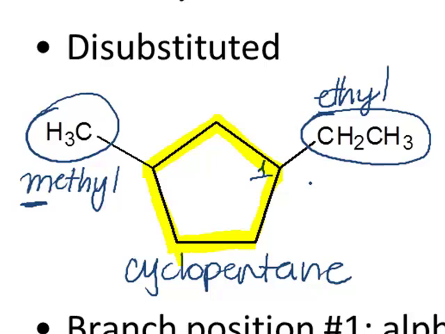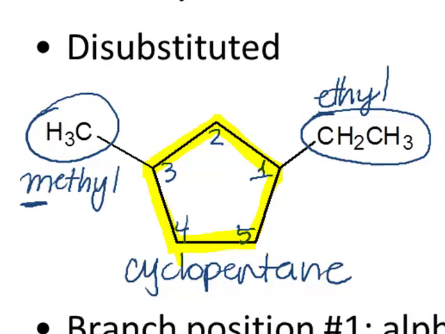Well, on this molecule, I already have the number 1 in place. To get that methyl group on the lowest possible number, I want to go counterclockwise, because that'll put the methyl at the 3rd position. If I went clockwise in the other direction, it would be located at the 4th position. So I always number so I get the lowest numbers possible, starting with 1 and moving through my other substituent.